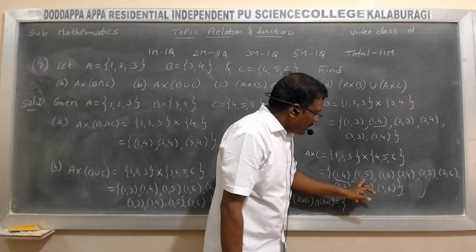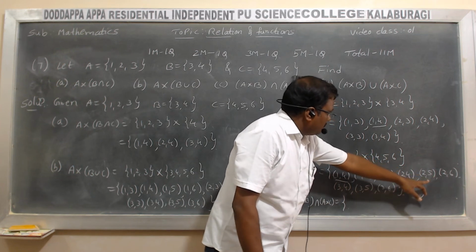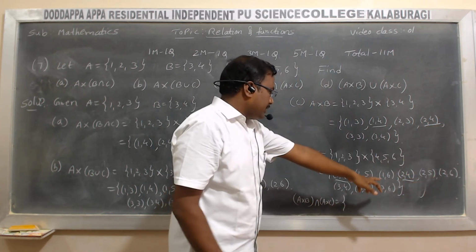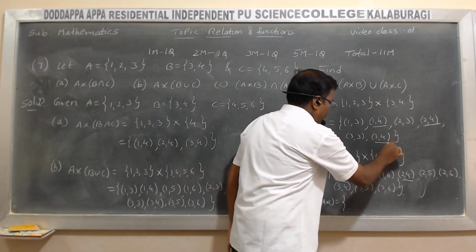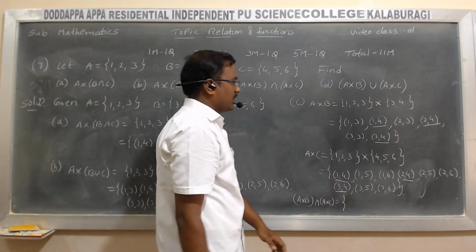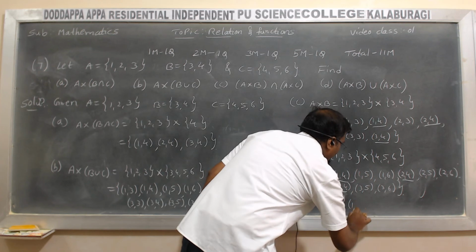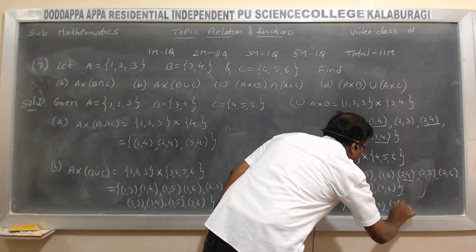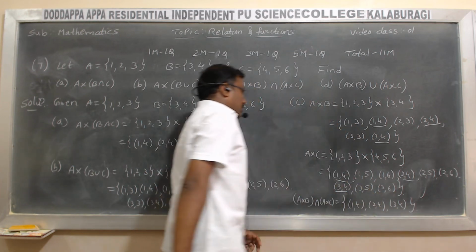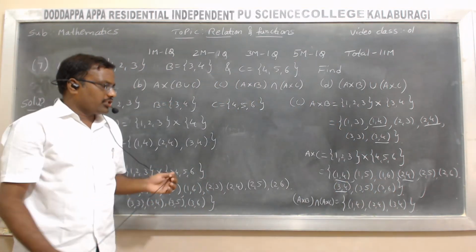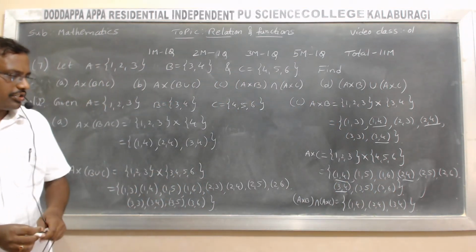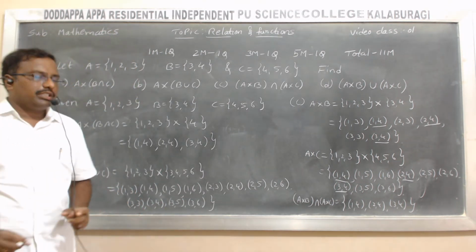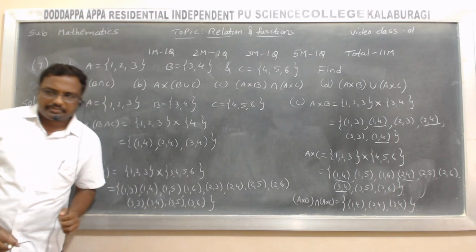Next (2, 4) and (2, 4). Next (3, 4) and (3, 4) are common. So we get the solution (A cross B) intersection (A cross C) is equal to (1, 4), (2, 4), (3, 4).